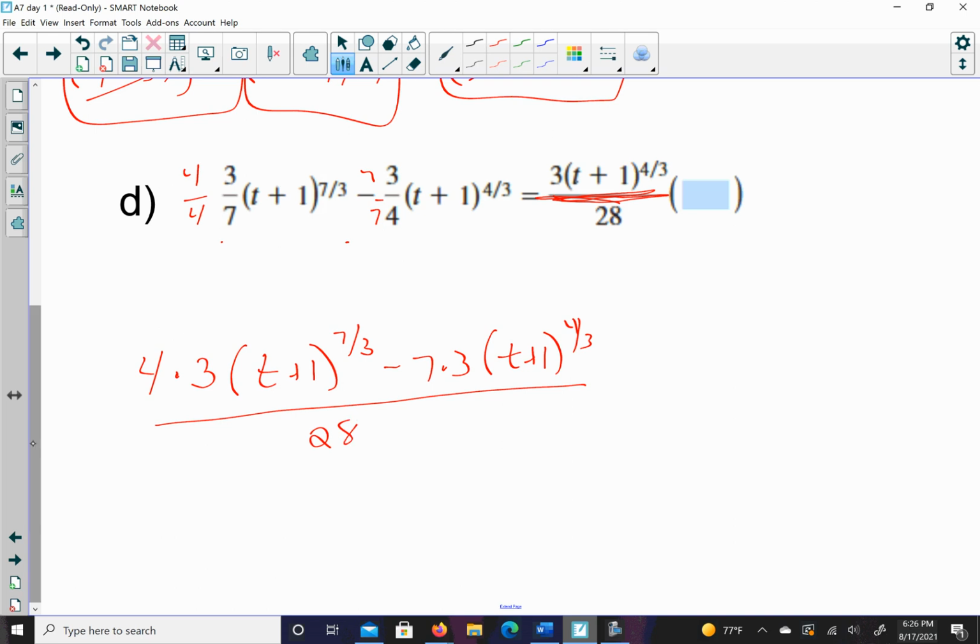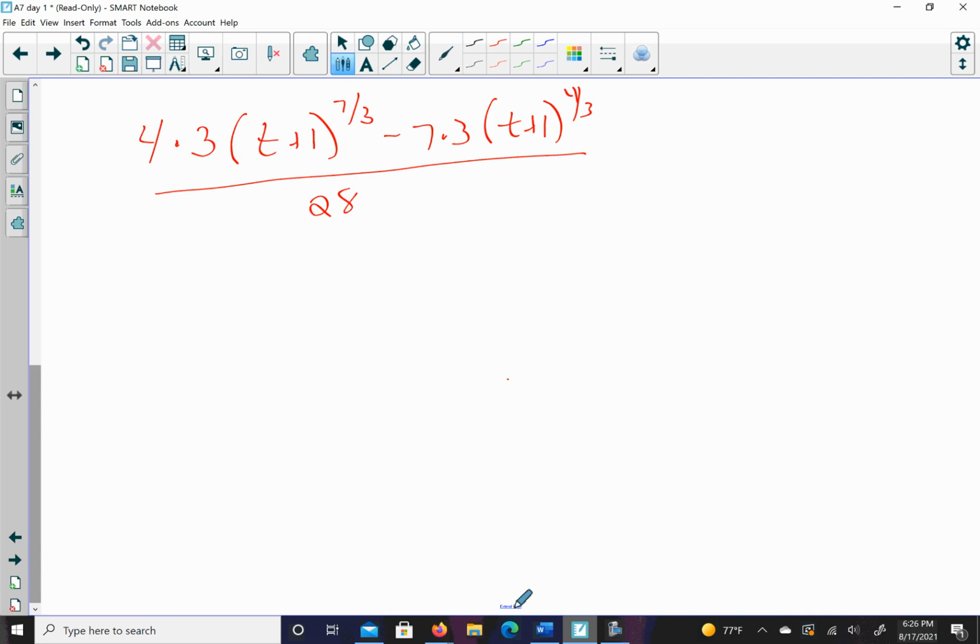The reason why I did that is I'm going to look at my numerator and see what I can factor out. I can see that I left the 3 there, so I'm going to factor out the 3, that 3 and that 3, and then I'm going to factor out t plus 1 to the lowest power, and the lowest power between 7/3 and 4/3 will be that 4/3.